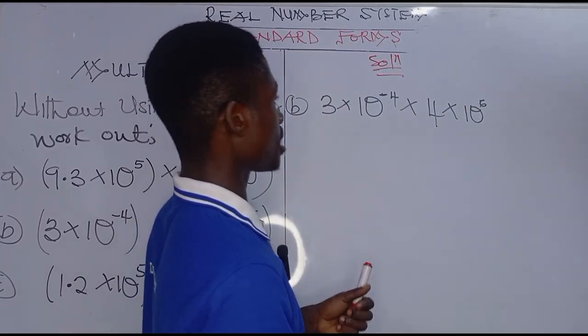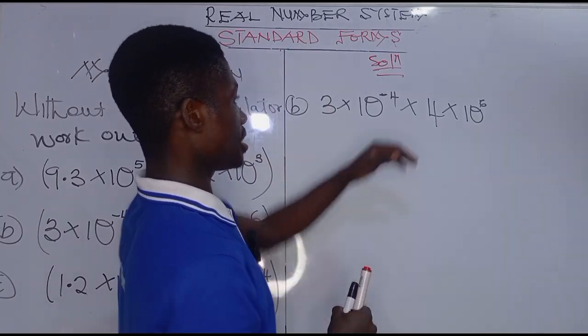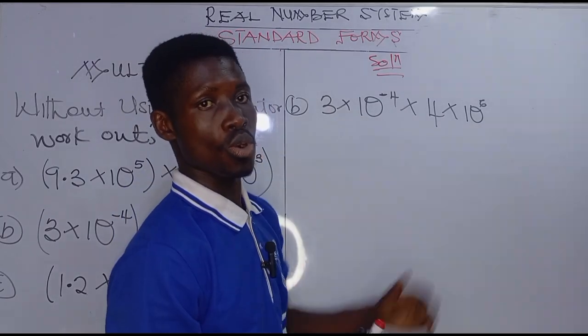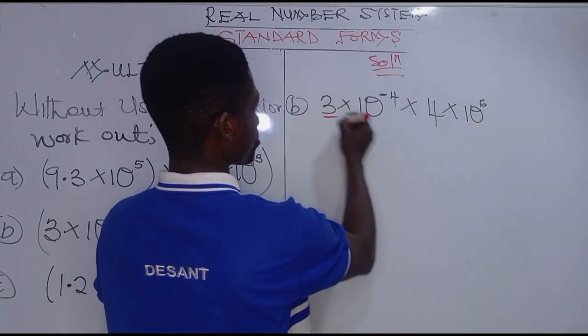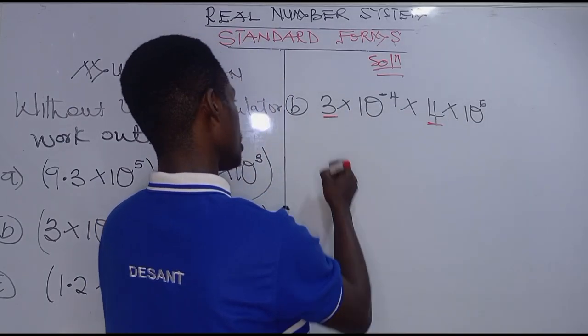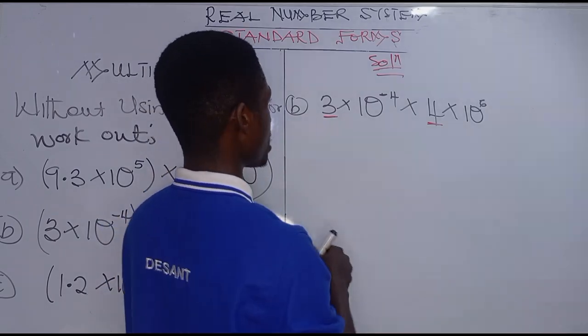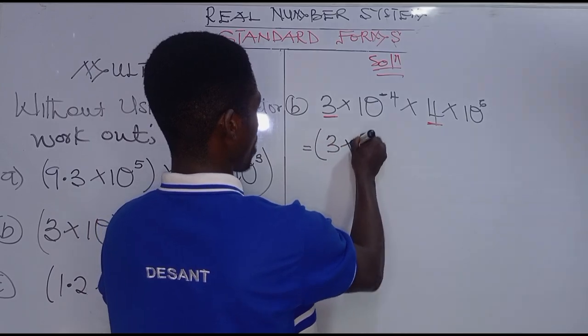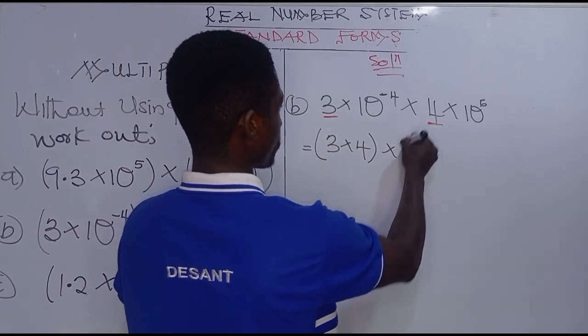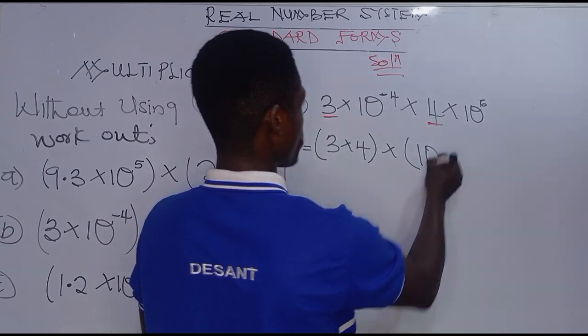So we have our second example. We have to find the product of these two numbers. As I said earlier, we are going to multiply the whole numbers together. We are going to group them and then multiply them together. So we have 3 times 4. Then we group those with the power of 10.